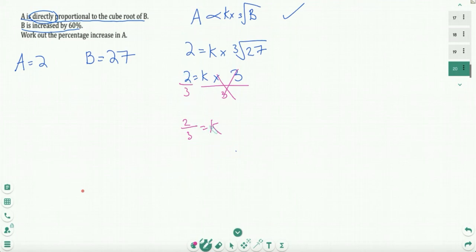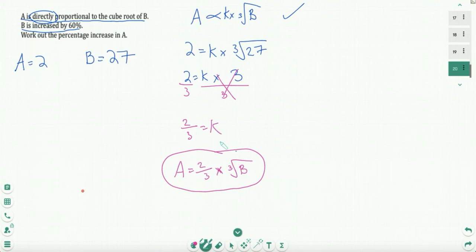So our equation will be a is equal to k times, k is 2/3, times the cube root of b. And that's an equation we've just made up, okay?